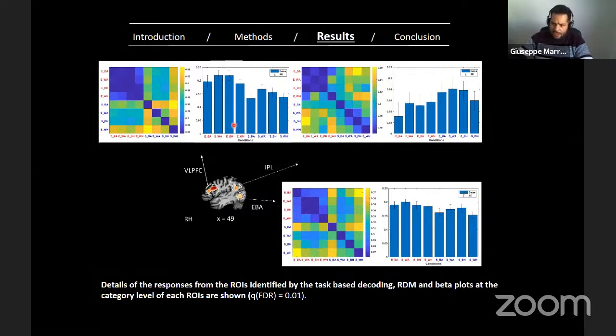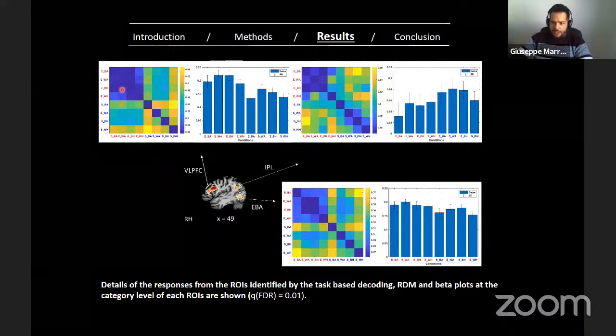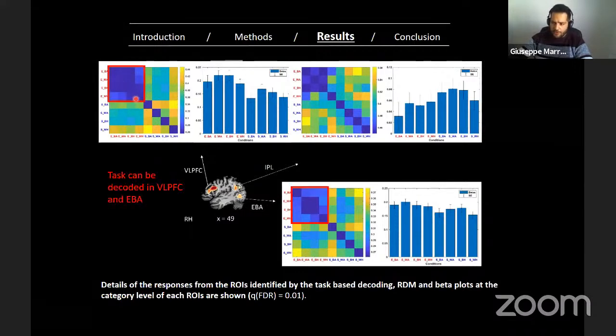On the right side of the panels, we find the group averaged ROI beta values plus the standard error. It is interesting to notice that the representational dissimilarity matrices for ventrolateral prefrontal cortex and EBA present a pattern of similarities within the explicit condition.